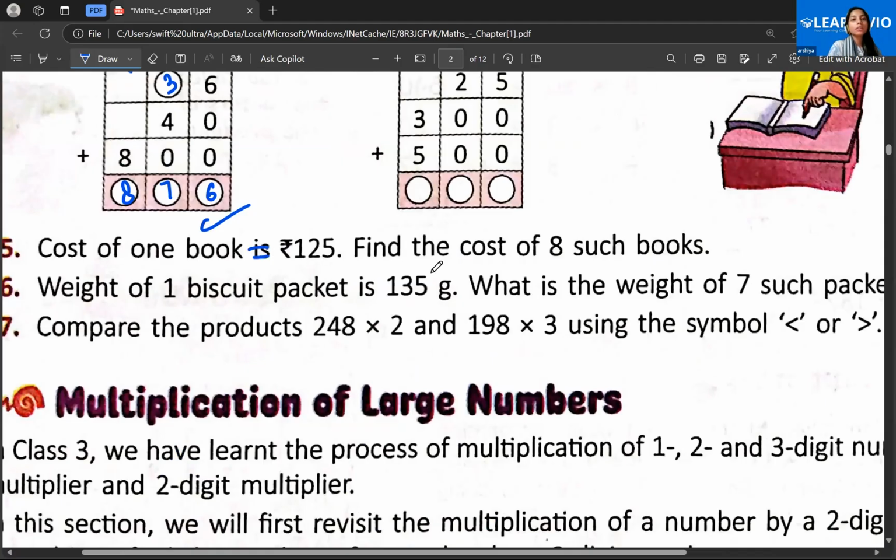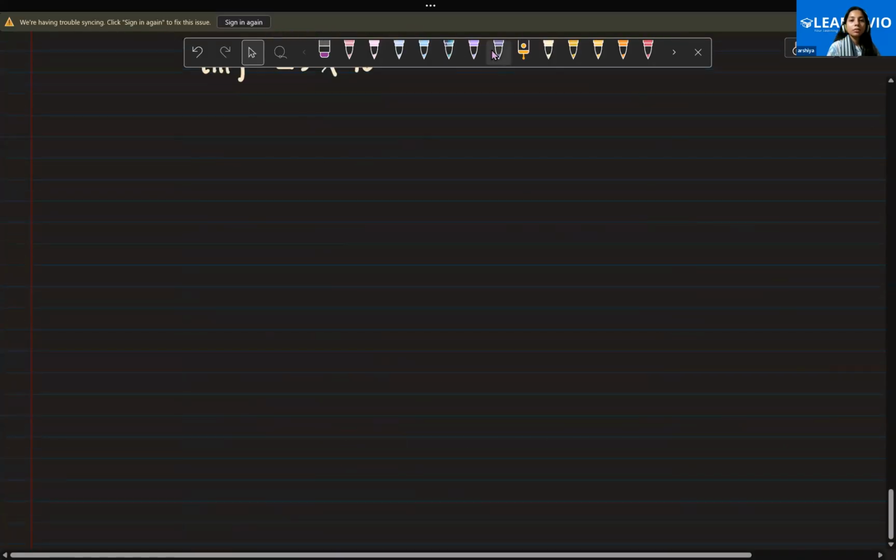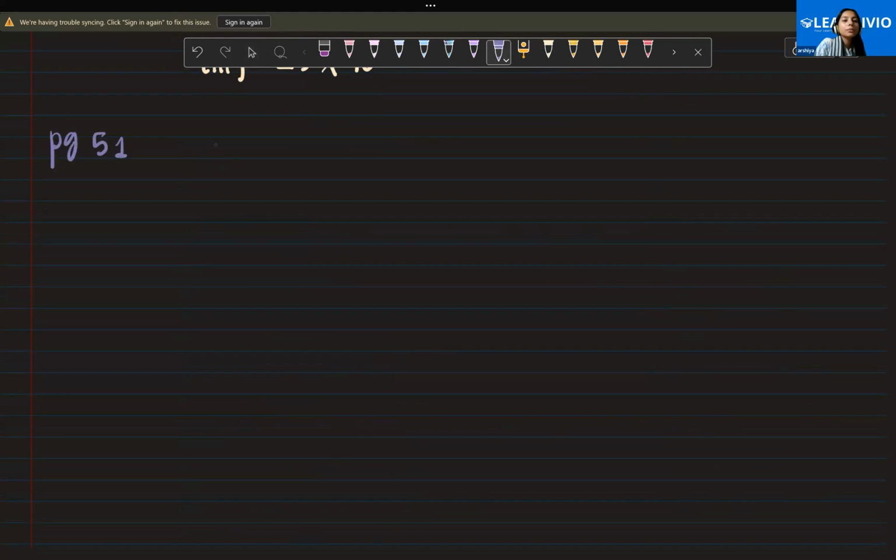Okay, so you will write cost of one book is equal to 125 rupees, and cost of 8 books. Wait, let me share another screen and you can write it down with me. What is the question number? This is page 51, question number 5. Okay.